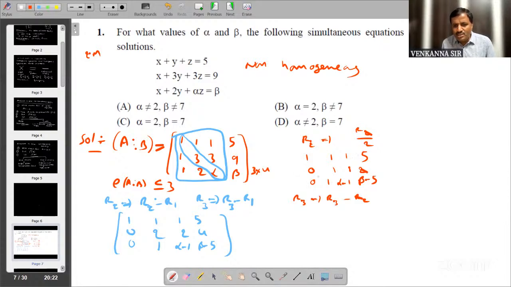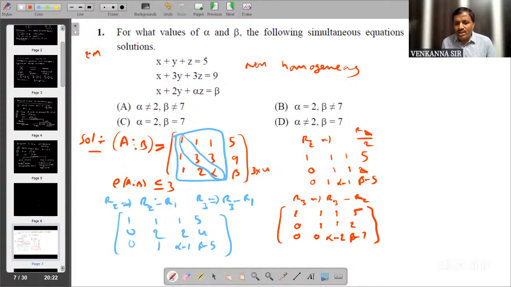We should not disturb these elements; our only target is that this should be converted into 0. For that we are using this operation. What is the result here? 1, 1, 1, 5; 0, 1, 1, 2; 0, 0, alpha minus 2, beta minus 7. After reducing up to here, this is now in echelon form.